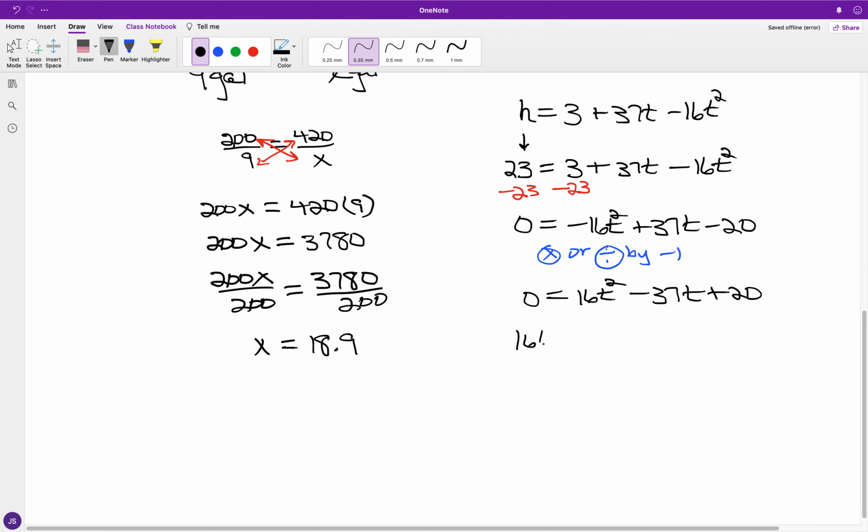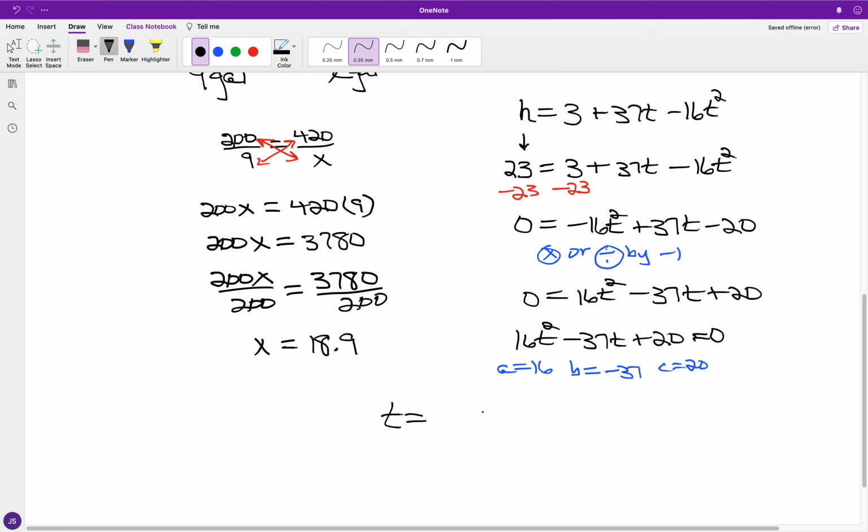For the quadratic equation in standard form, we have 16t squared minus 37t plus 20 is equal to 0. Here a is equal to 16, b equals negative 37, and c is equal to 20.